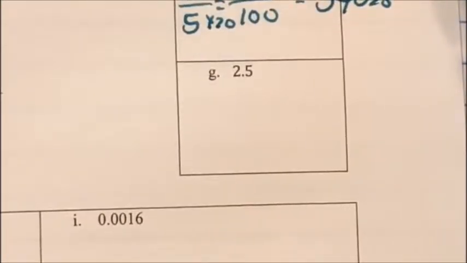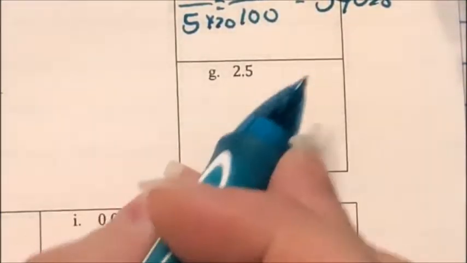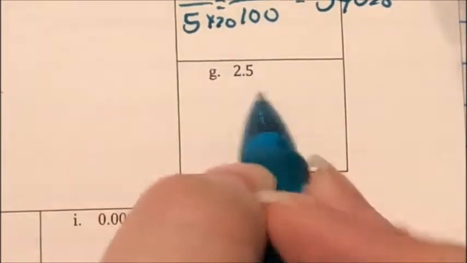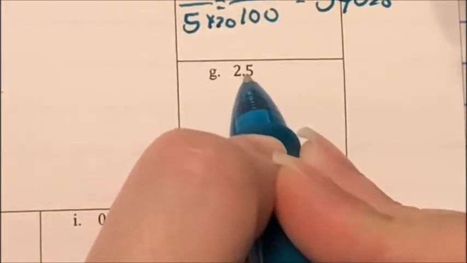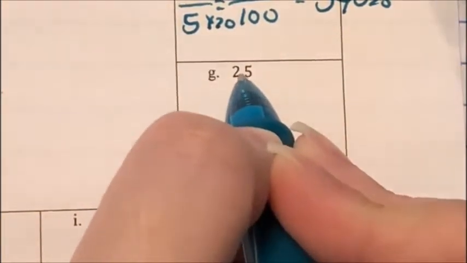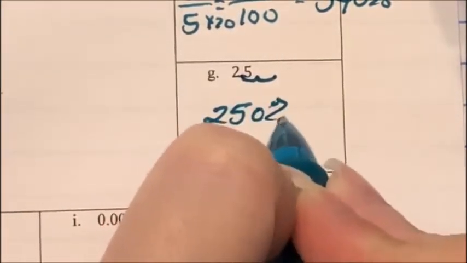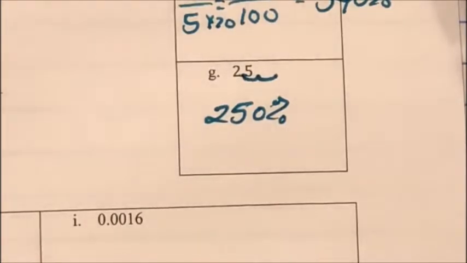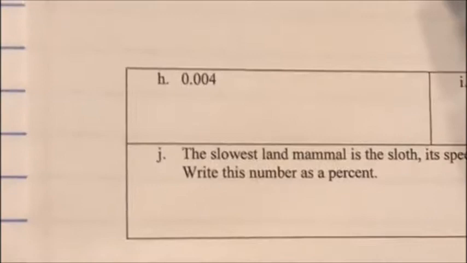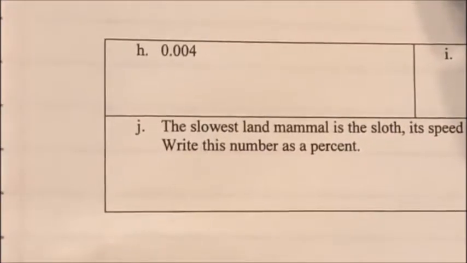I want to take the decimal and I want to make it into a percent. So I have 2.5 for letter G. So I'm going to move the decimal 2 places to the right, 1, 2. So this is 250%. For letter H, I have 0.004.